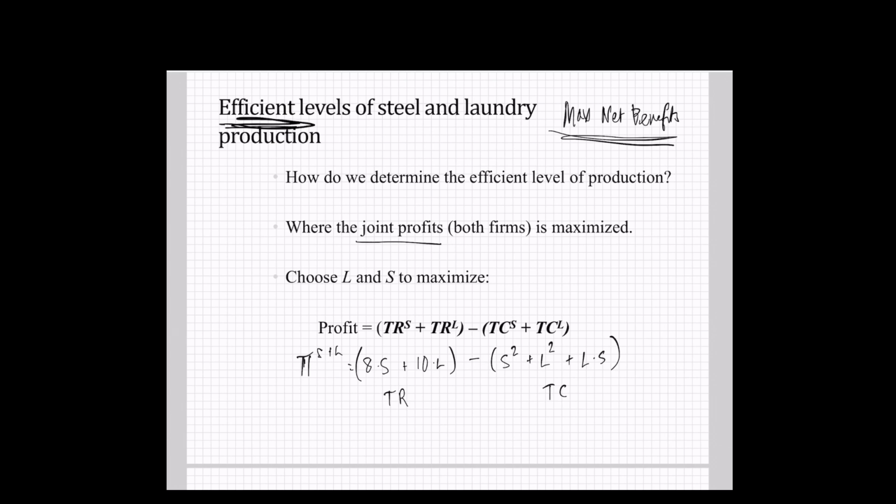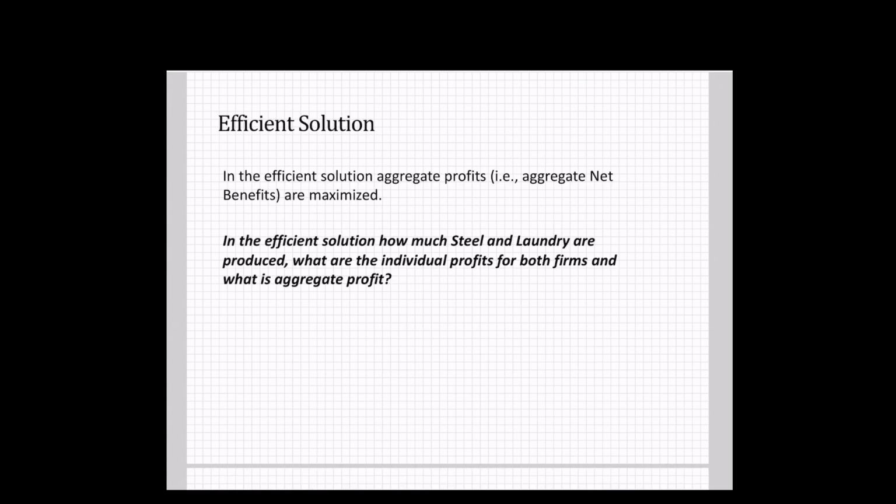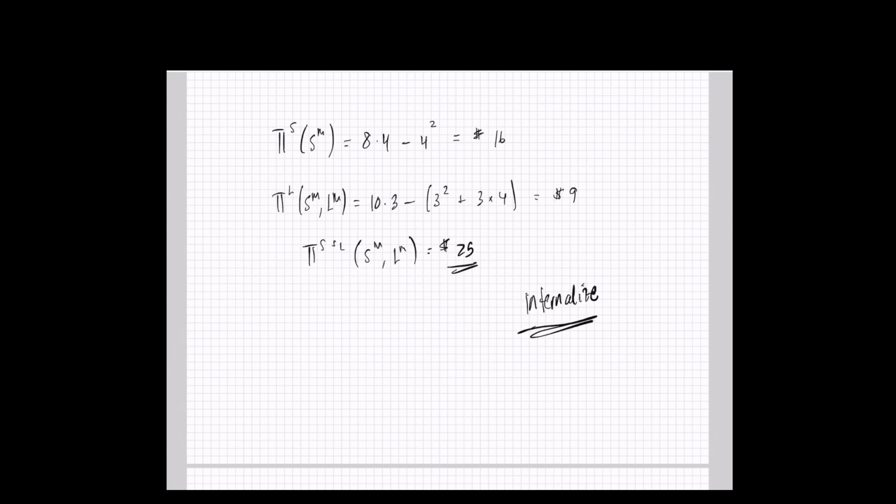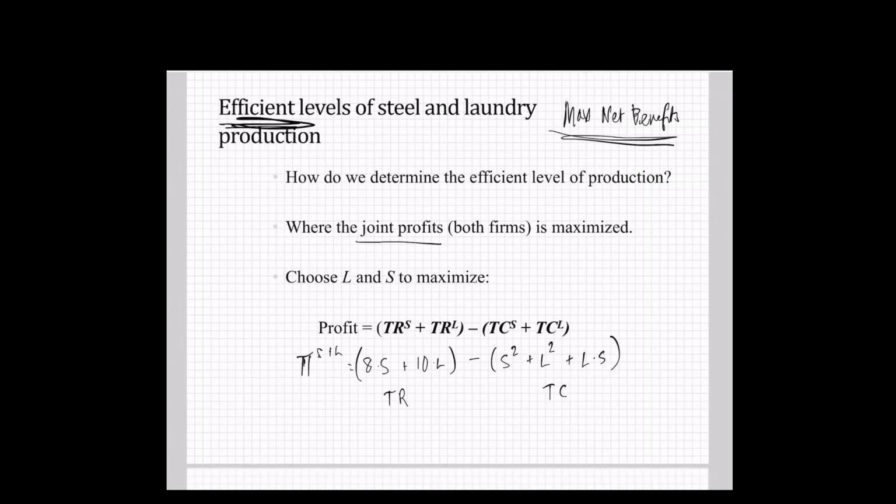Both. So that's what it looks like. We got to maximize that. I'm just kind of typing it out here. We want to find, at the efficient solution, what's the quantity produced and what are the profits, and then compare those profits to the unregulated market, the $25 we just kind of isolated.